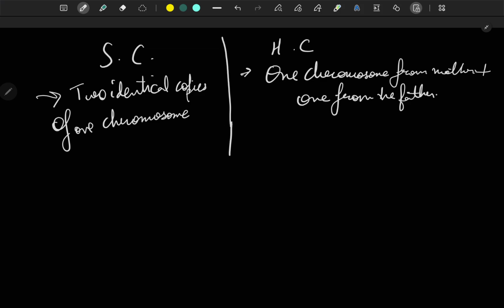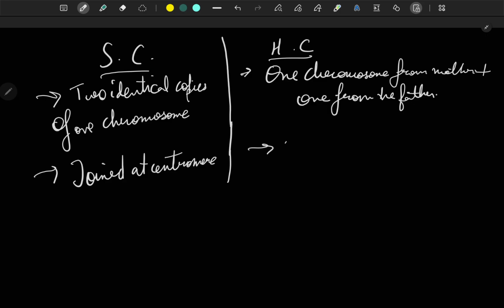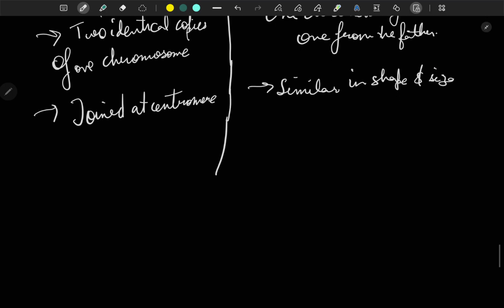Sister chromatids are joined at the centromere. But in the case of homologous chromosomes, they are similar in shape and size. They carry different alleles.